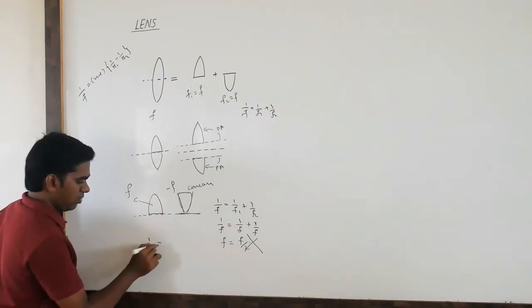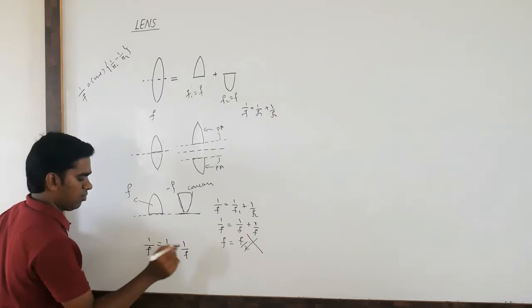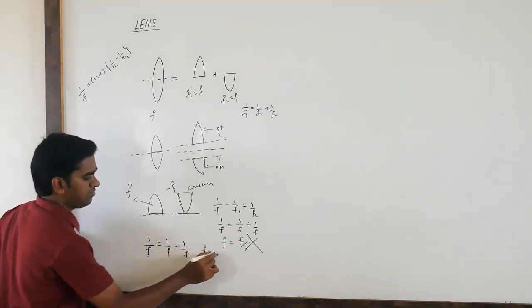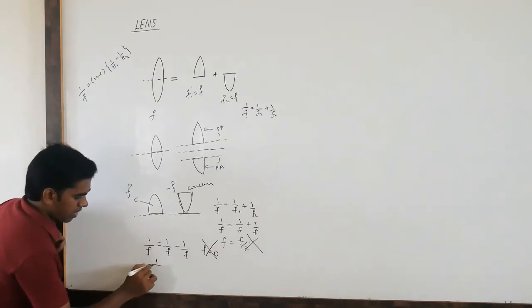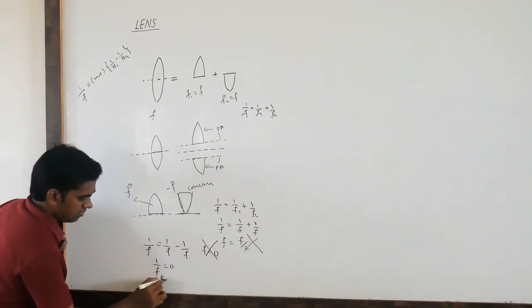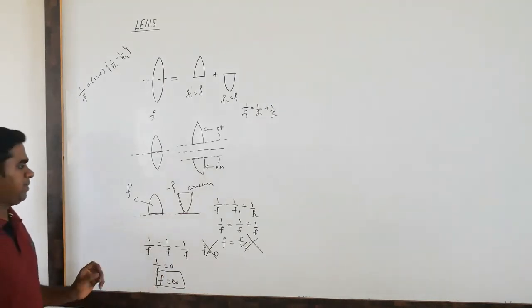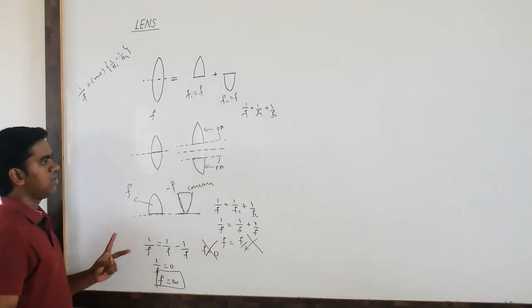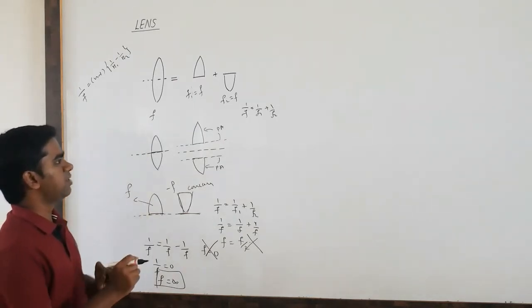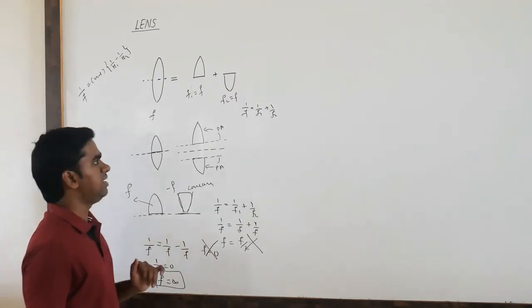Your equivalent focal length will become 1 by f minus 1 by f. Again, people will write f equals 0. Don't hurry in that. 1 by f will become 0, but f will become infinite. This is what we have to take care of when finding the equivalent focal length of the individual pieces. So this is the horizontal cutting of the lens.